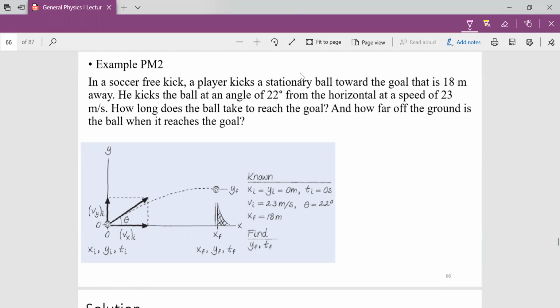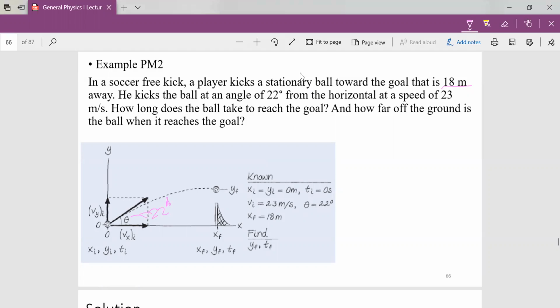I don't know if that's the standard measurement on the field, but anyway, it's 18 meters away from the goalpost. He kicks the ball at an angle of 22 degrees from the horizontal at a speed of 23 meters per second. That means the launch angle is actually 22 degrees.